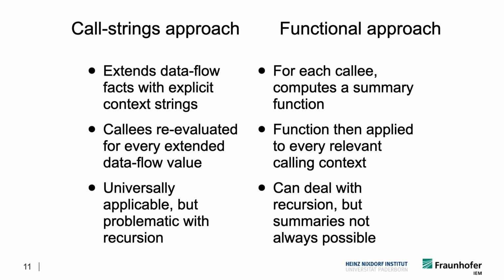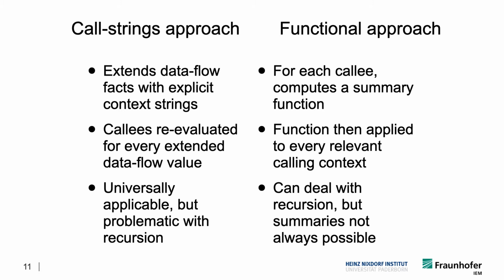Once you have that function, it can be applied to every relevant calling context. Because this function is independent of input values, you can apply it to different input values and obtain different results. That makes the approach context sensitive.